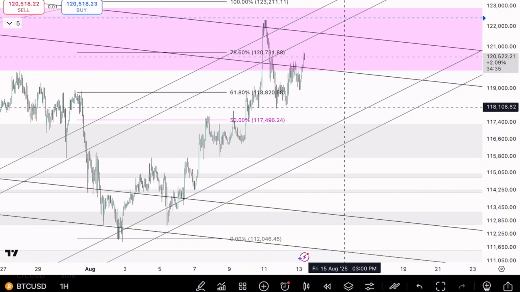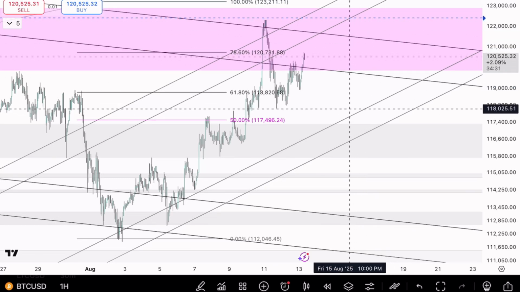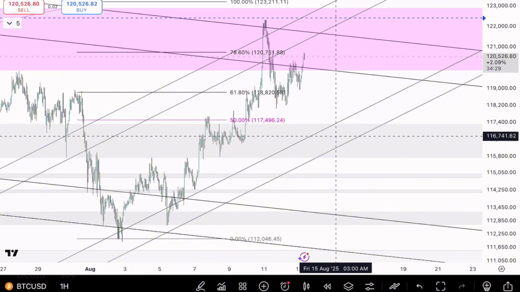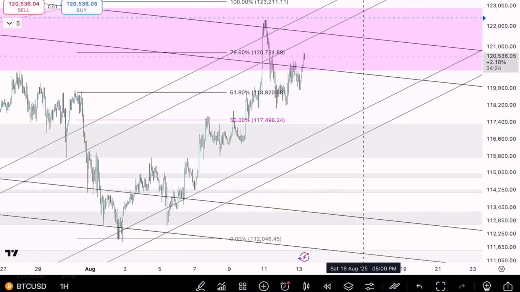As long as they don't go below here, then it could have a chance, or it could go below here but bounce off of this 50% area and then come back out.